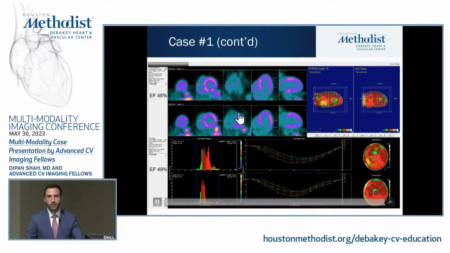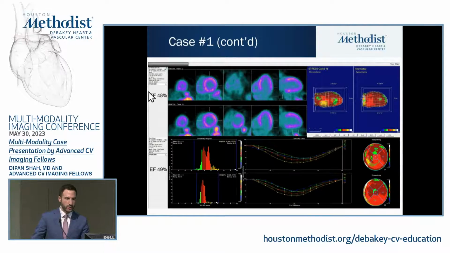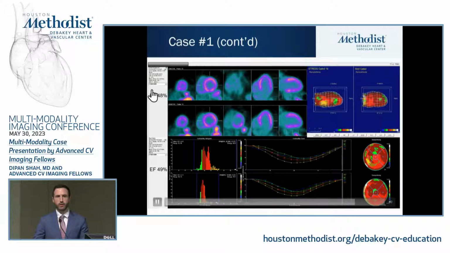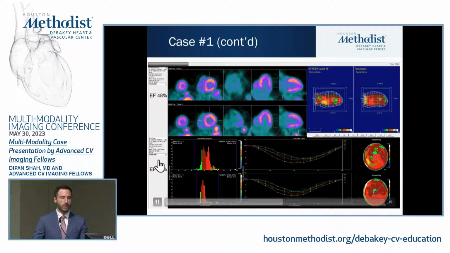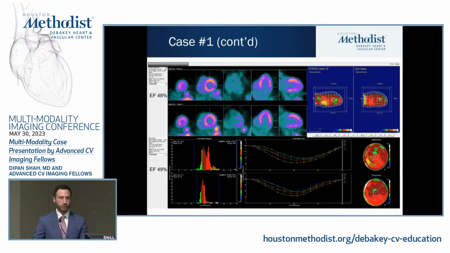Looking at the gated images, the rest EF was 49% and the stress EF was 48%. Typically when we give stressor agents, regadenoson or adenosine, we expect that EF to go up at least 5%. And so there was an almost unchanged EF, if not a slight drop. So not a big change in EF with this patient.